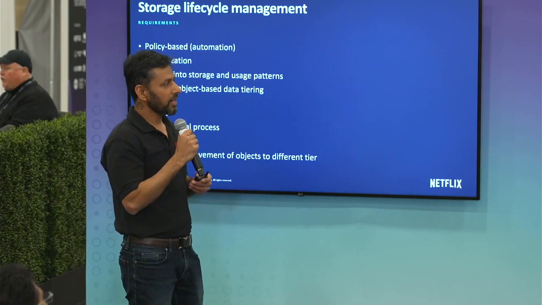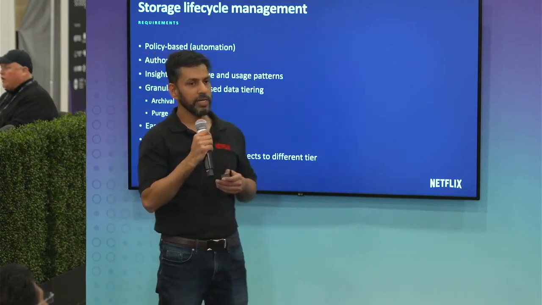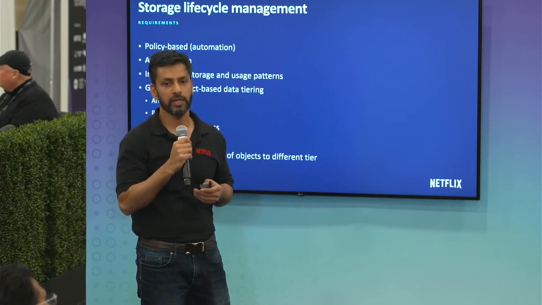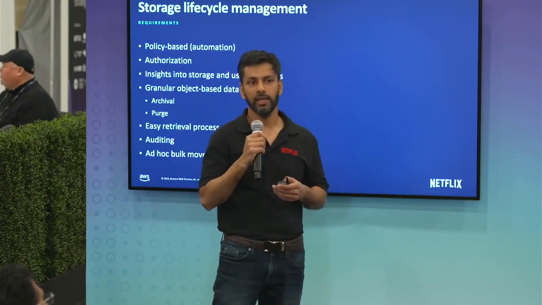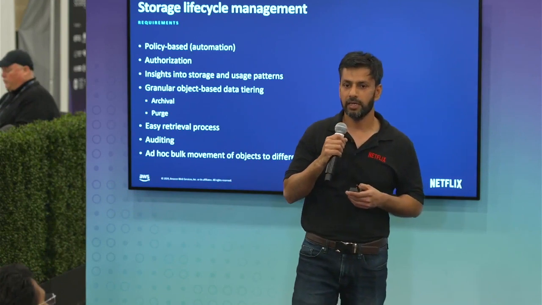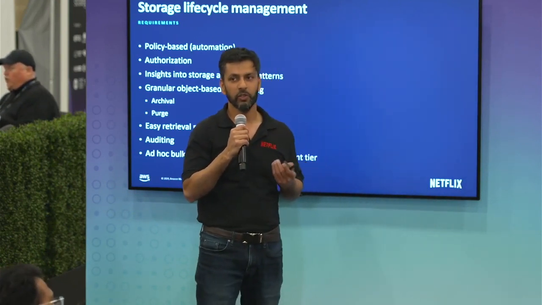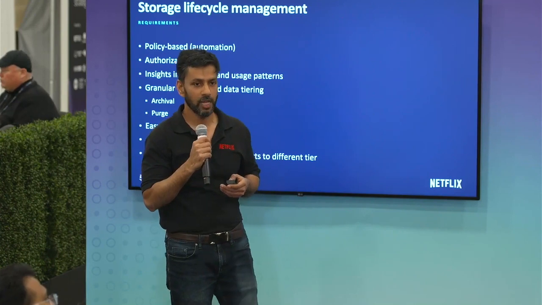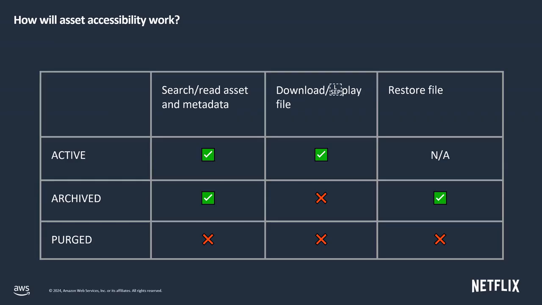Another aspect to that is many times our content insights showed that some shows are trending, some shows are not, and it did not make sense to keep the data in a high tier or active tier if a show is not going to see a next season. So we wanted a way to short circuit movement of data.